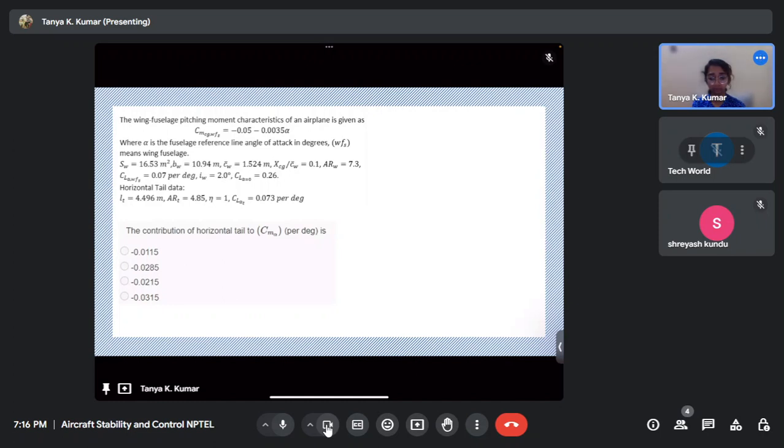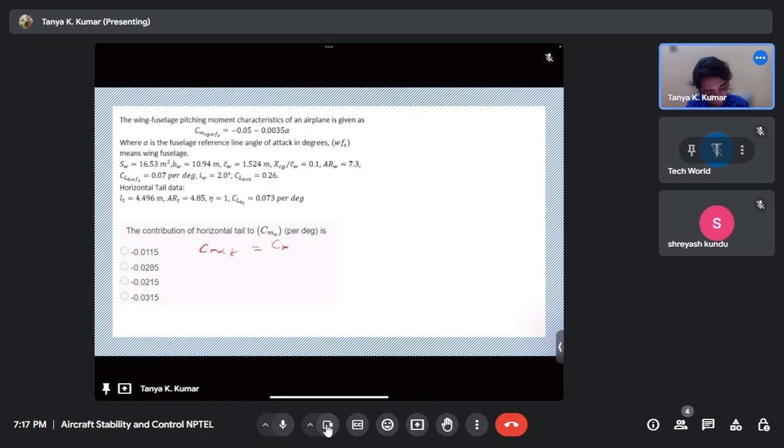Okay, so it's along similar lines. Cm alpha of the tail is what they've asked.